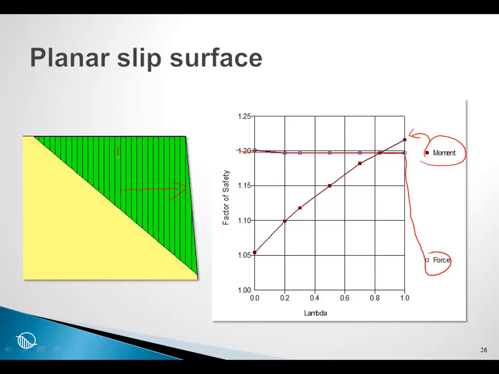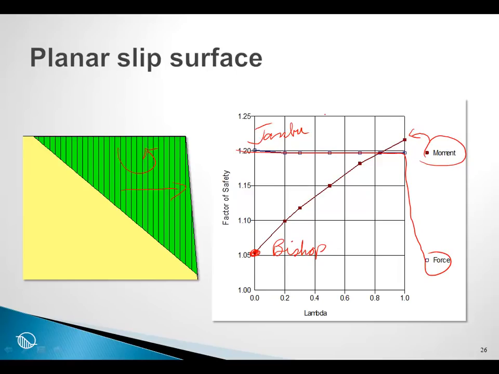However, if we were to rotate this sliding block, now the sliding mass would have to contort a lot, and there would be a lot of slippage between the slices, and consequently shear between the slices is very important. But notice that in this particular case, the Bishop factor of safety is lower than the Janbu factor of safety.